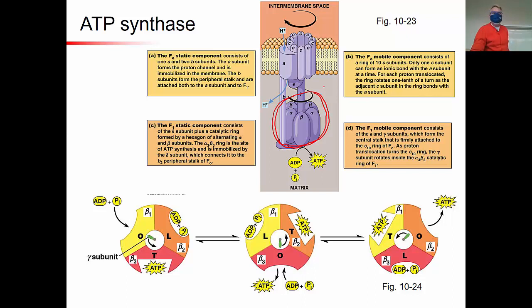And so we can draw the beta subunits, as we see here below, kind of in three different colors. And that stalk, that gamma stalk, is stuck into the middle of them. So this thing's like a lollipop. They call it a lollipop head. But as that stalk moves, we understand that it can alter the structure of the beta subunits.